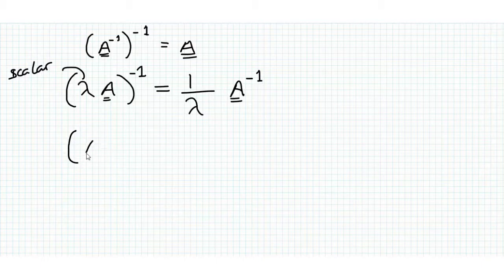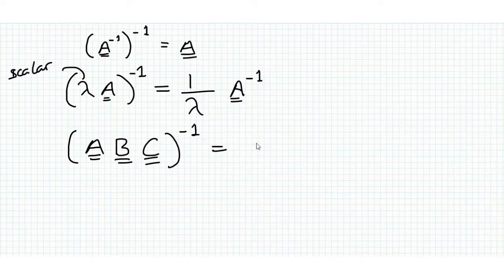And our final one for today's quick video is if we have any amount of matrices, but I'm going to give 3, all multiplied together, and we want to find the inverse of all of them multiplied together. Well, this is equal to all the individual inverses multiplied together.